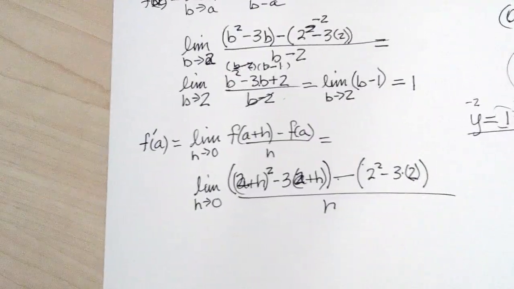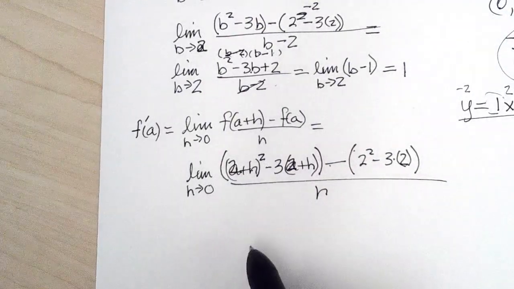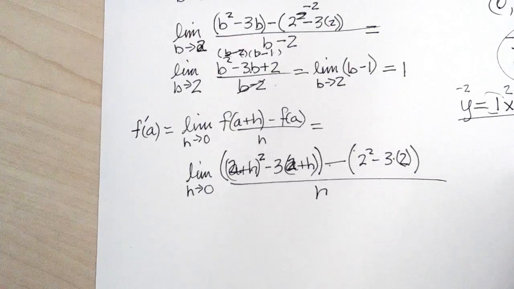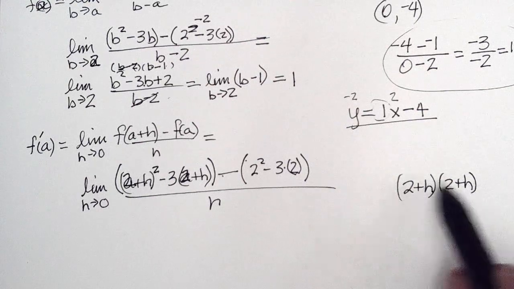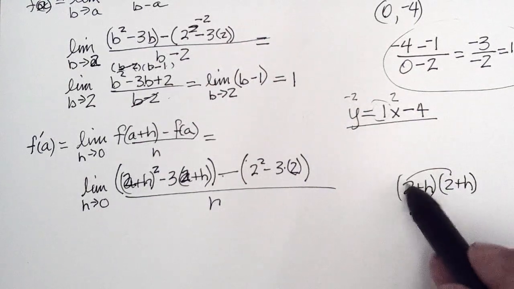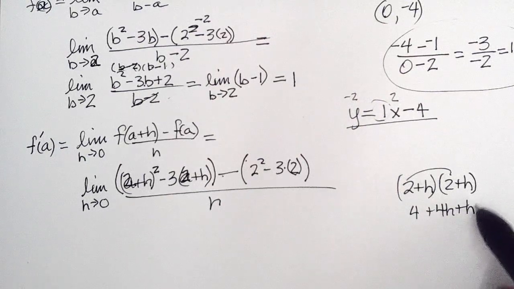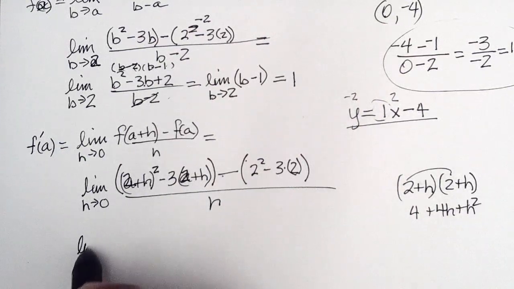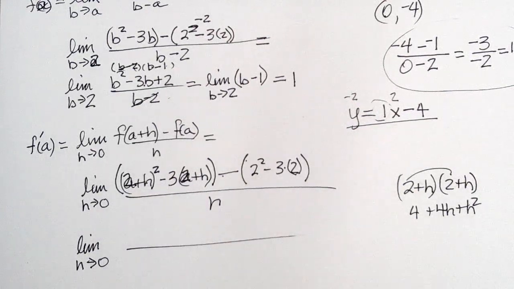So now let's algebraically work on that. 2 plus h squared is 4 plus 2h plus 2h is plus 4h plus h squared. So I'm getting the limit as h approaches 0. I'm not working on finding the limit yet, I'm just doing some algebra to clean this up.